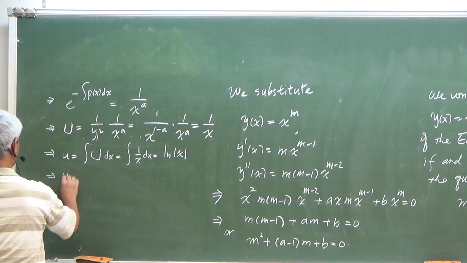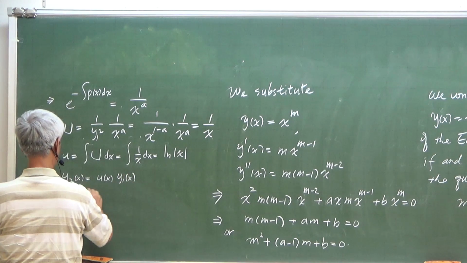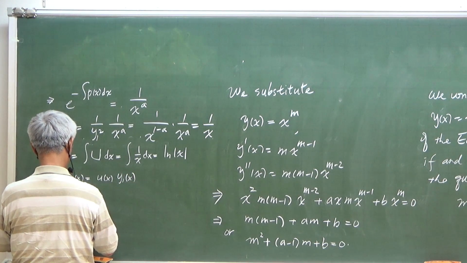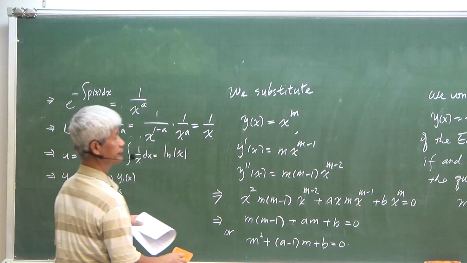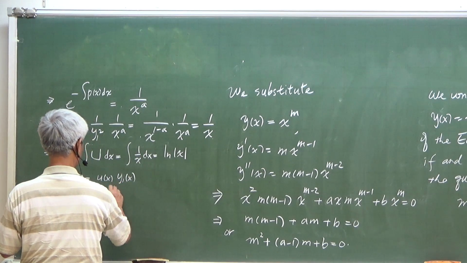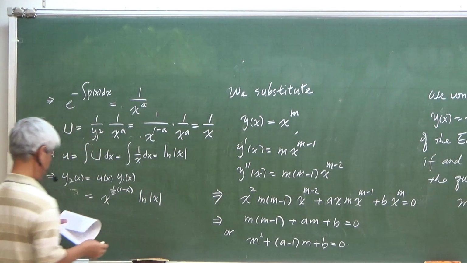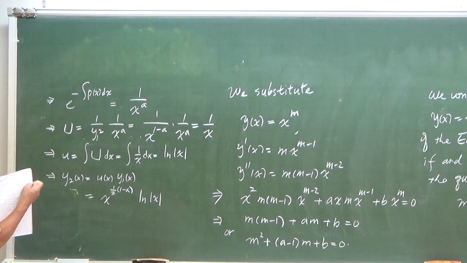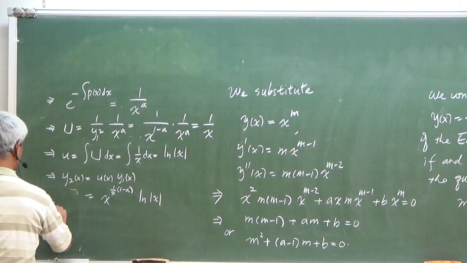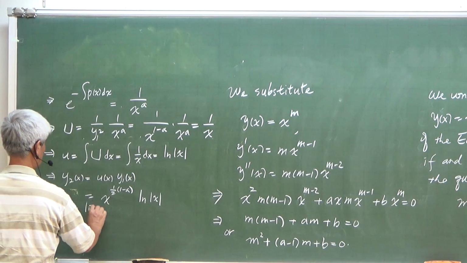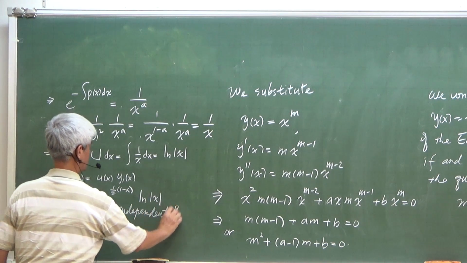So this implies that y2(x) is equal to u(x) y1(x), so it's equal to x to the 1/2 of (1 minus a) power times ln x, which is linearly independent of y1.